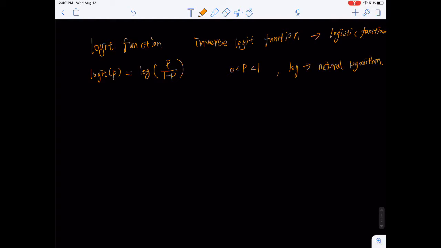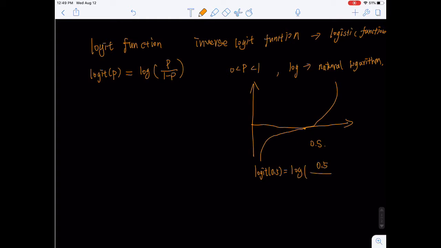So the graph of Logit p looks like this. The curve touches the y equal to 0 line at 0.5, because if we plug in Logit 0.5, we will get log of 0.5 over 0.5, which is log of 1.